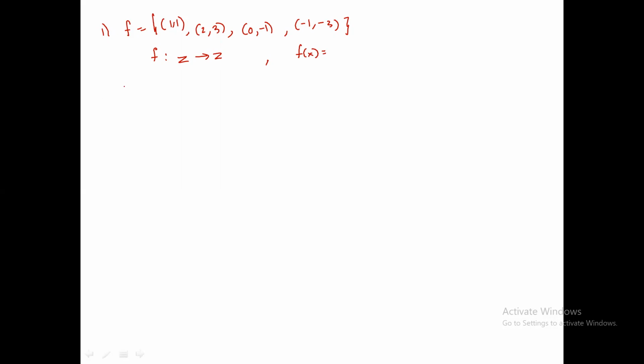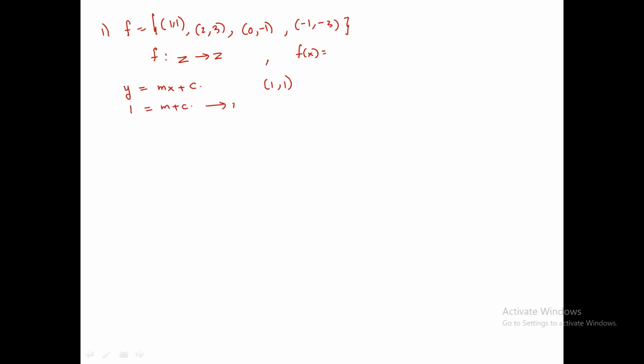Because it's a linear function, it will be of the form y = mx + c. We know that x is 1 and y is 1, so we can put that: 1 = m + c.